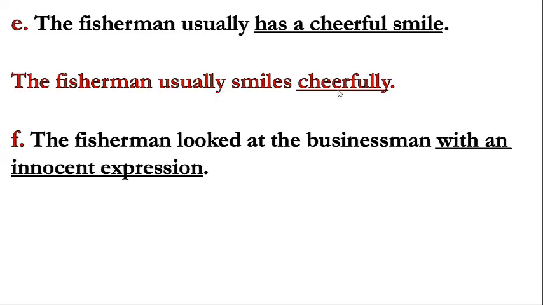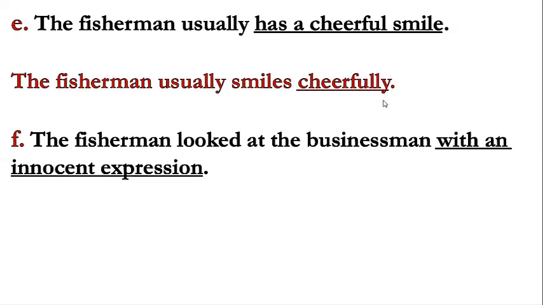Cheerful, cheerfully. Smile, smiles. Why? The fisherman is only one, as we said before in the present simple. So we have to say smiles cheerfully. We changed the adjective into the adverb by adding ly to the adjective.